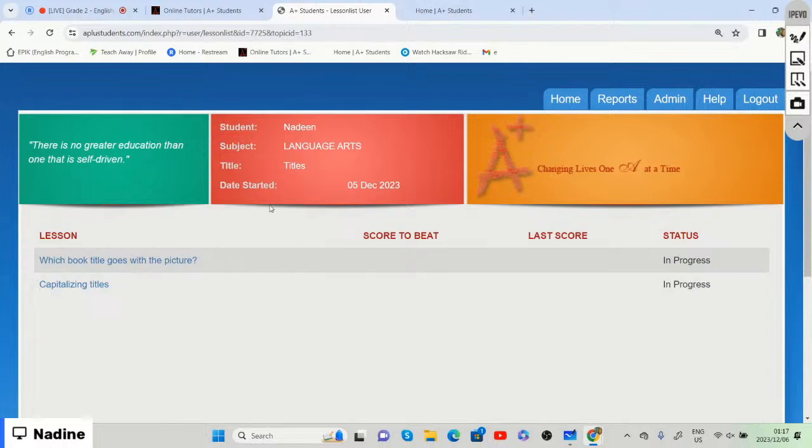All right, so our chapter is titles, and we're going into our first lesson, which is which book title goes with the picture.